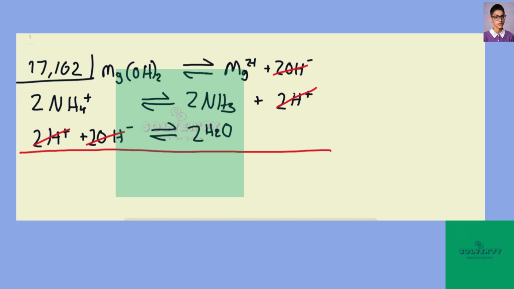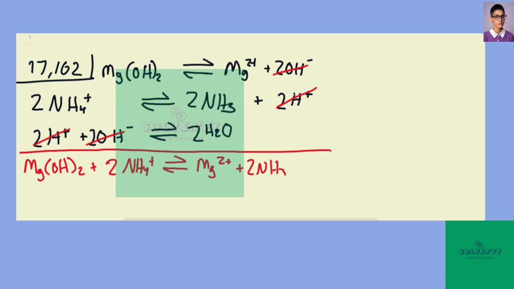Then we can add our compounds. So we get magnesium hydroxide plus 2 ammonium will produce Mg2+, 2 NH3 and 2 waters.